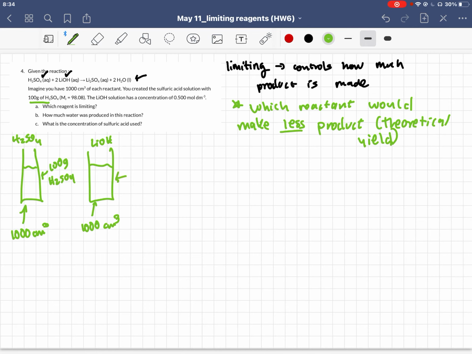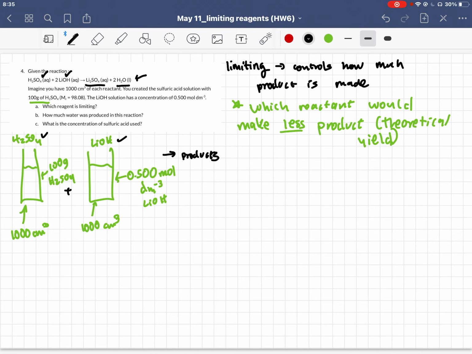Lithium hydroxide, they don't give us the grams of solute, they just go directly into the molar ratios. So I'm reacting both of these together. I'm getting my two products, and I want to see which one of these was limiting or controlled the reaction.